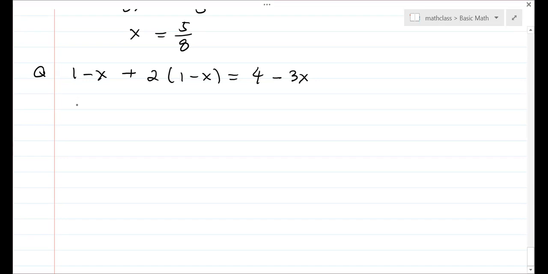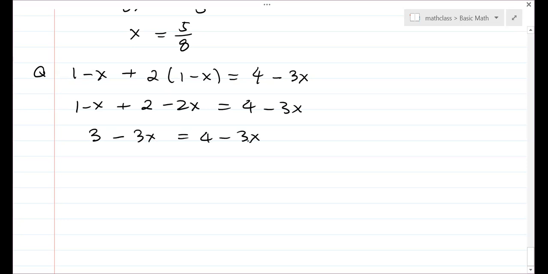All right, so let's do this. 1 minus x. Step 1, you get rid of the parentheses. That's 2. Then minus 2x equals 4 minus 3x. Okay, so 1 plus 2 is 3. Negative x minus 2x is negative 3x. Okay, and then you look at both sides, you will see that you can move this to the left-hand side, move 1 to the right-hand side.